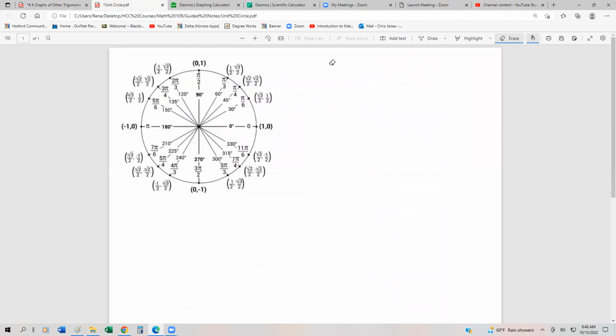So let's look at the cotangent of pi over 6. Now remember, the cotangent is x over y. And so at pi over 6, the x coordinate is root 3 over 2, and the y coordinate is 1/2.